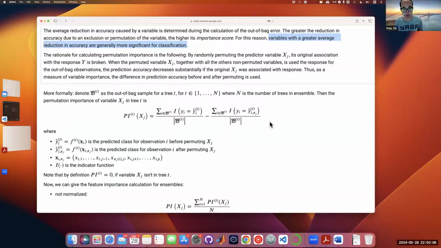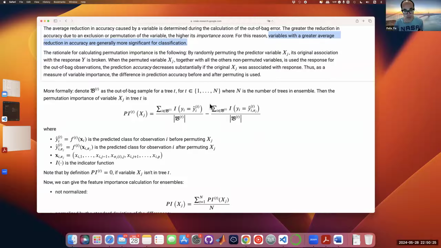So here, this is the accuracy before the permutation of the feature xj. This is the accuracy after the permutation of xj.